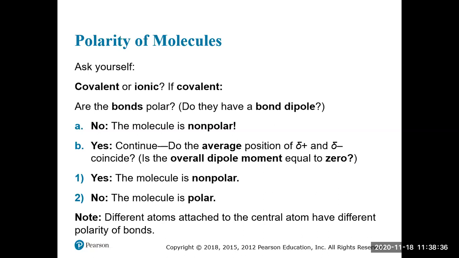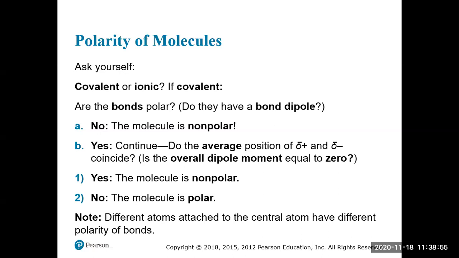And we said a general rule of thumb is if it's a metal with a nonmetal, it's probably ionic. If it's a nonmetal with a nonmetal, then it's probably covalent. And so it's those covalent bonds that we're interested in determining if they're polar or not.